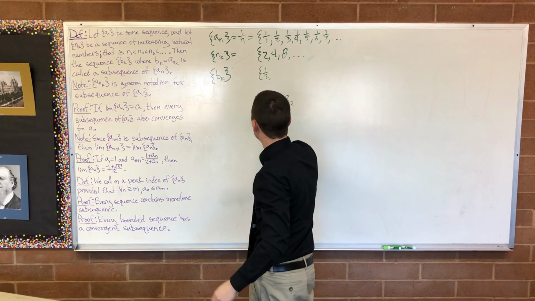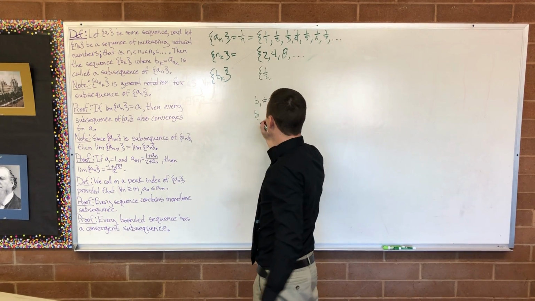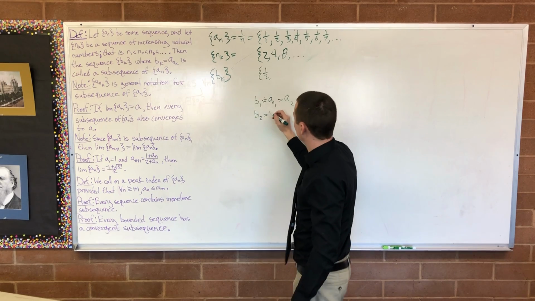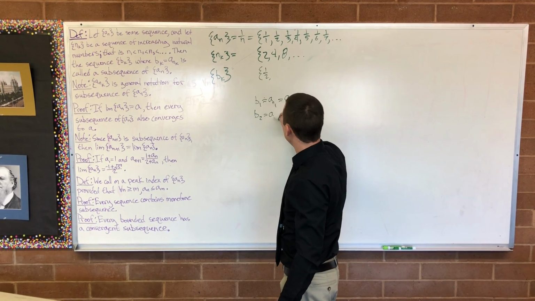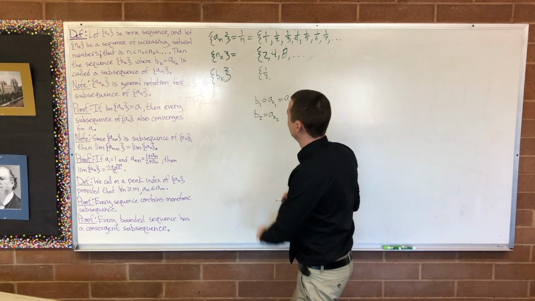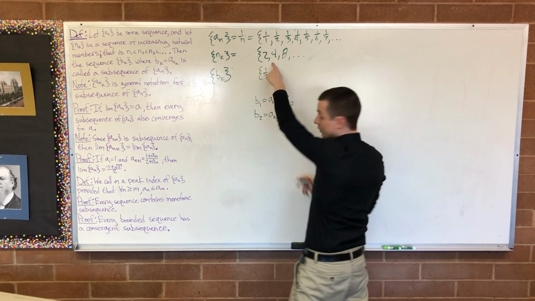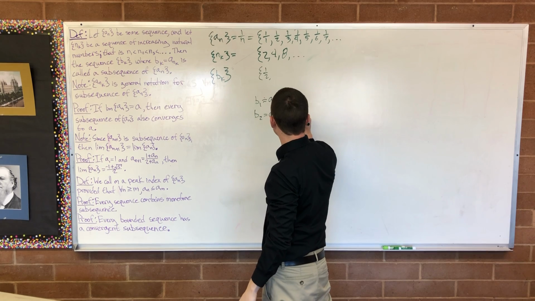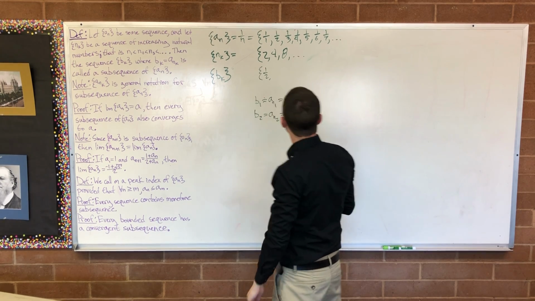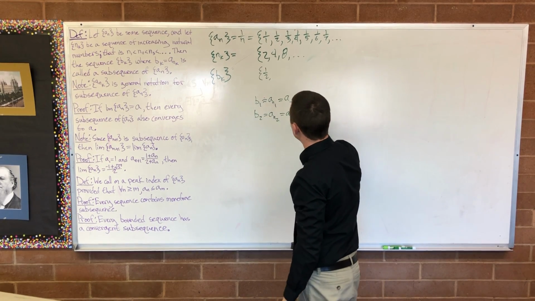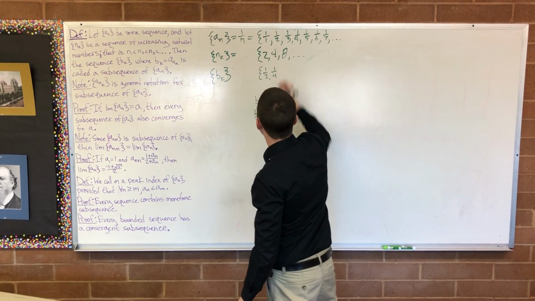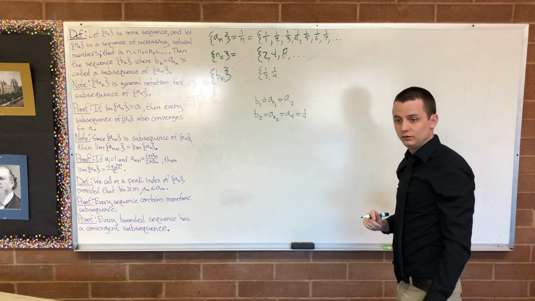So let's do the second term in b. b_2 is equal to a_{n_2}. What's n_2? 4. So that's the same thing as a_4, which is what? 1/4. So the next term in here is 1/4. You follow me?